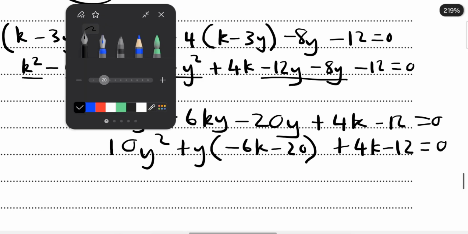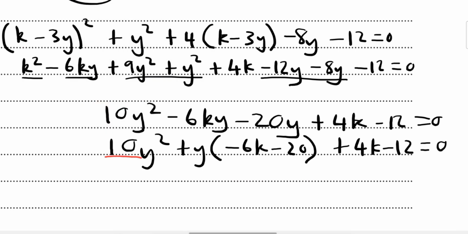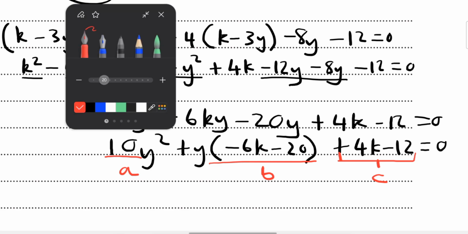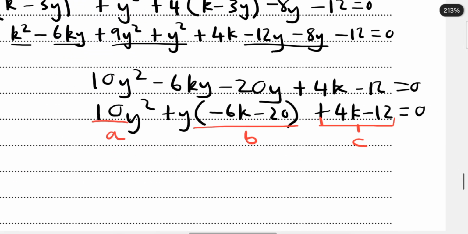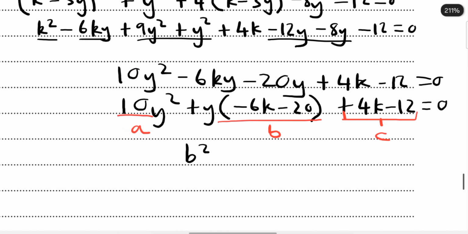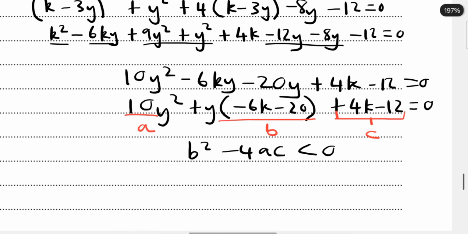Now with this, we know this is a, this is our b, the coefficient of y, and this represents our c, the constant, which is just a number. So the discriminant b squared minus 4ac should be less than 0 if the line does not intersect the circle.